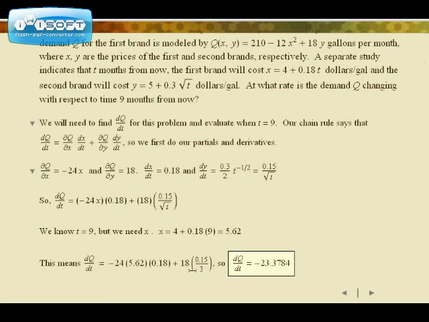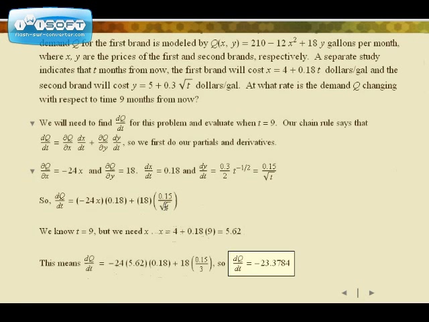So I can plug t is 9 right into that x equation and find out what it's going to be. So x is 4 plus 0.18 times t. I'll plug in 9, and then just compute that. So 4 plus 0.18 times 9 gives me 5.62. And then the 5.62, I can go ahead and stick right into my function. So dQ/dt is negative 24 times the x we just found, 5.62, times 0.18, plus the 18 times 0.15 over the square root of t.